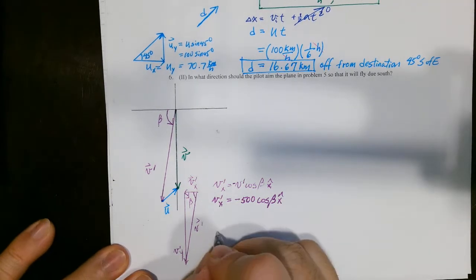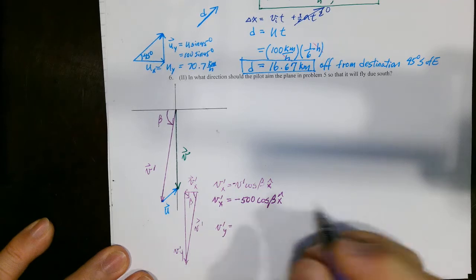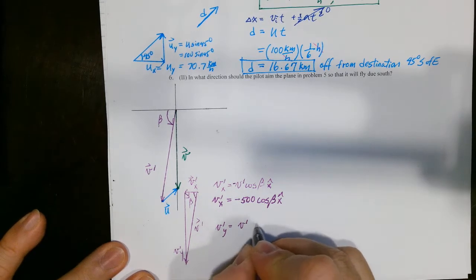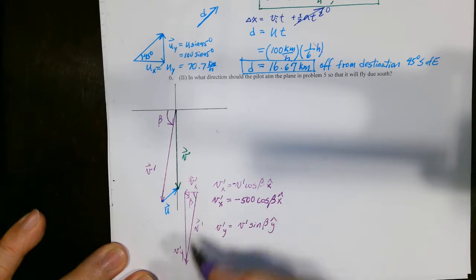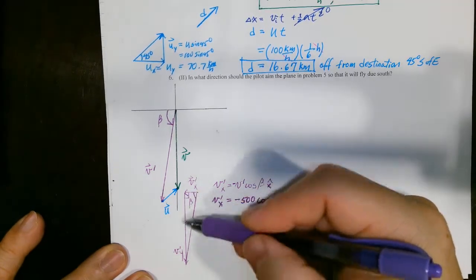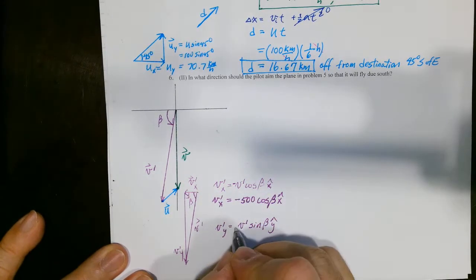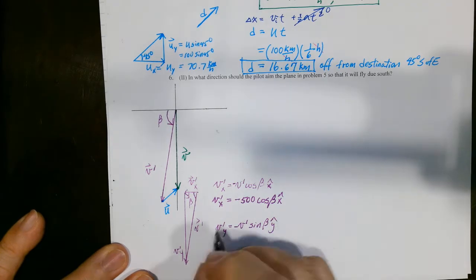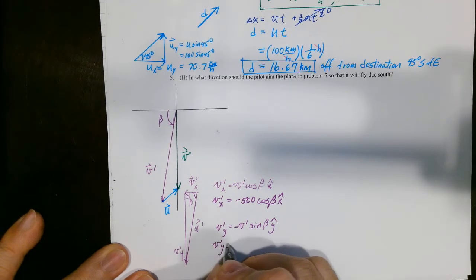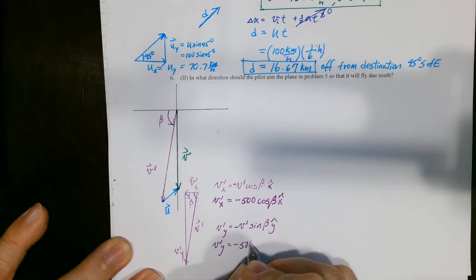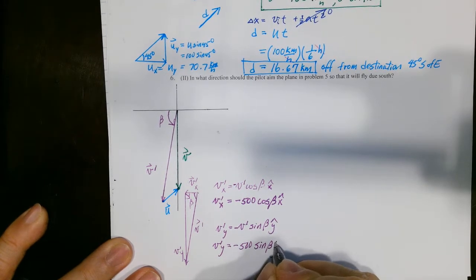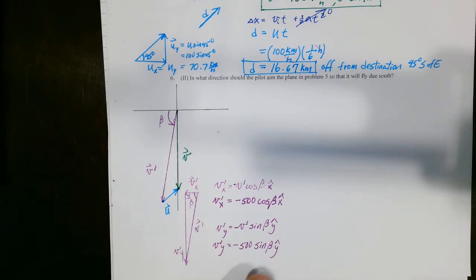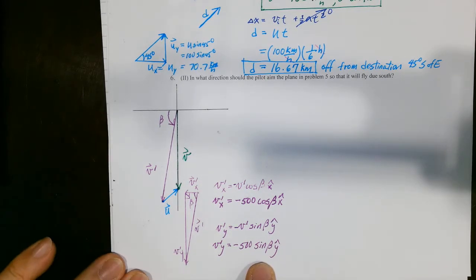And similarly, my V prime Y is equal to V prime sine of beta y hat, but it is going in the negative direction, so I should put negative in front of that. So my V prime Y is equal to negative 500 sine of beta y hat is what we have.